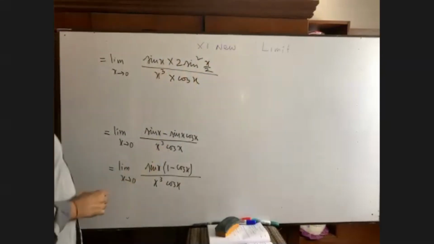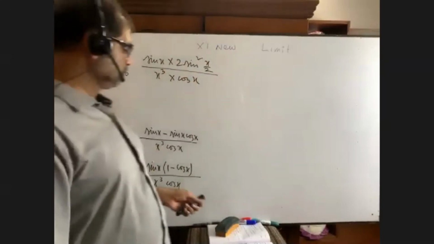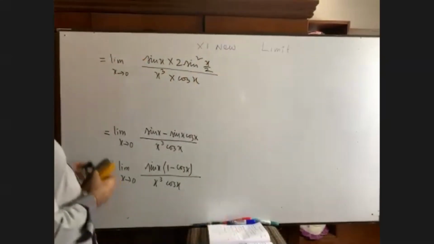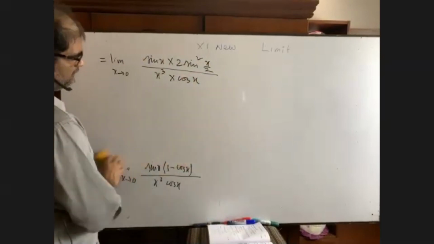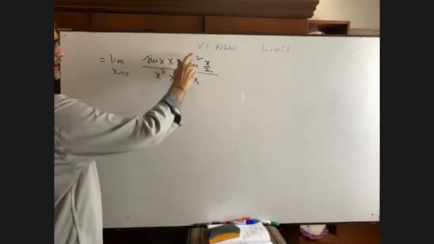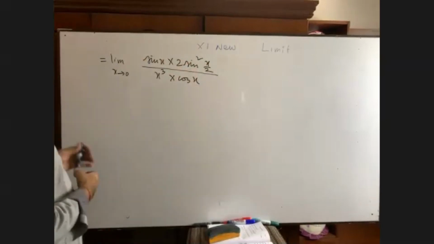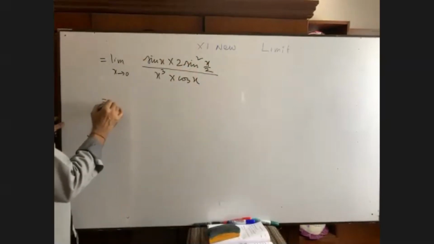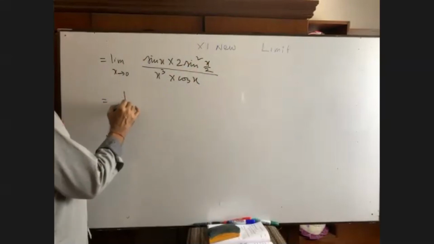Now this is the math. What should we do? We actually don't have any formula for cosine x so that this and this will be omitted. So we are not going to do that math. You please try to understand.